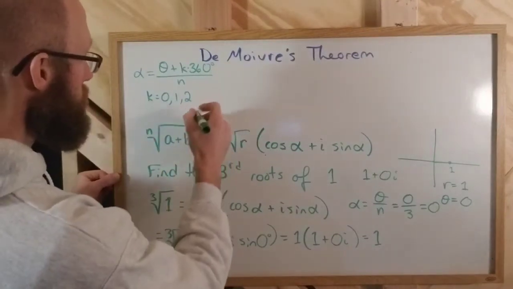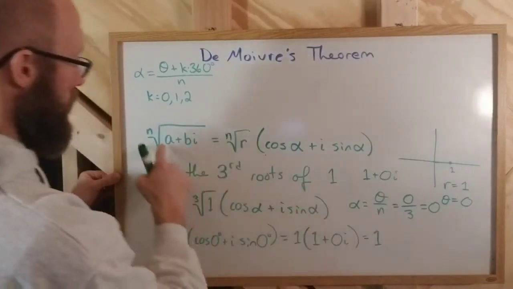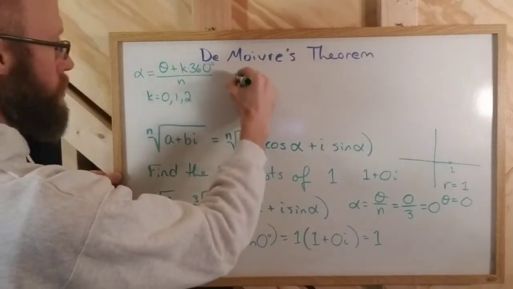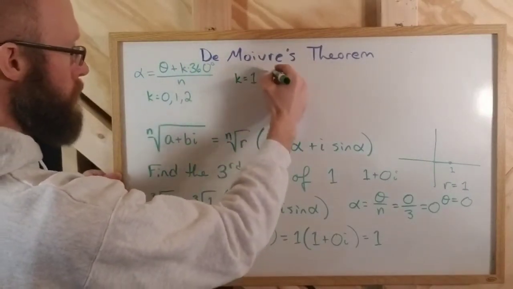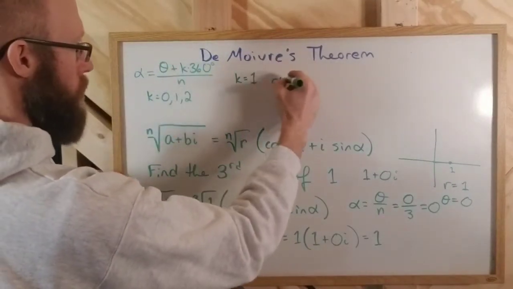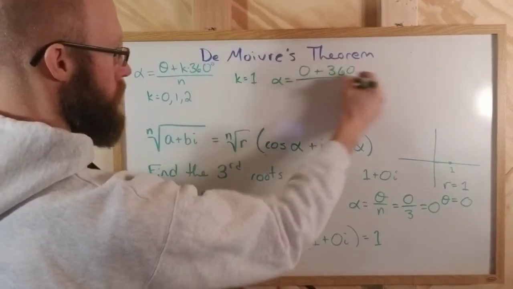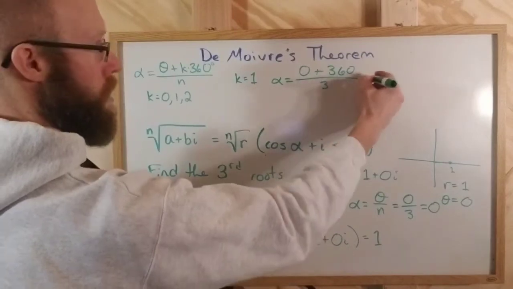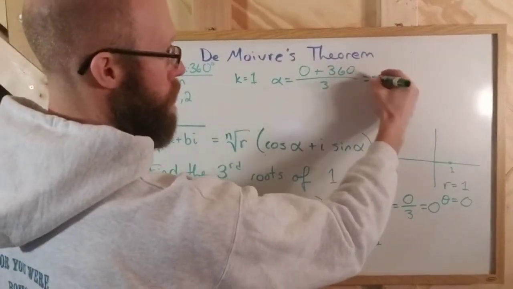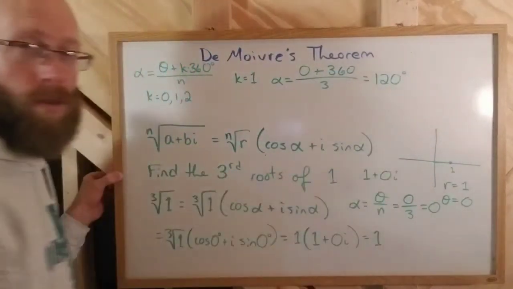So I did the first one where k was 0. Now let's do k equal 1. So alpha is 0 plus 360 over 3, which is 120.